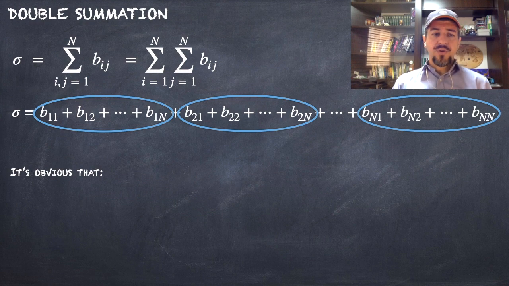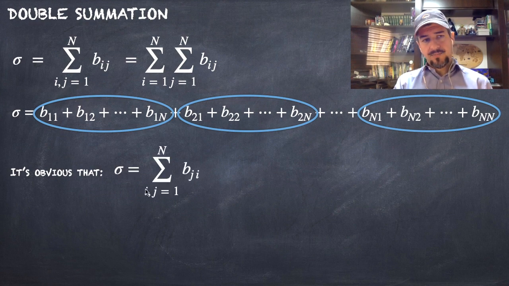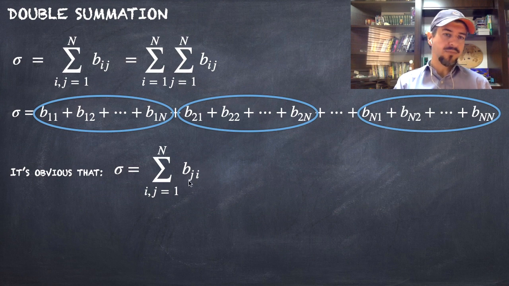It is very obvious that this summation of bij is the same as the summation of bji, because if we have b12 and then b21, here we will have the same two terms, b21 and then b12, b1n and then bn1. It doesn't matter the order of the sequence of additions.